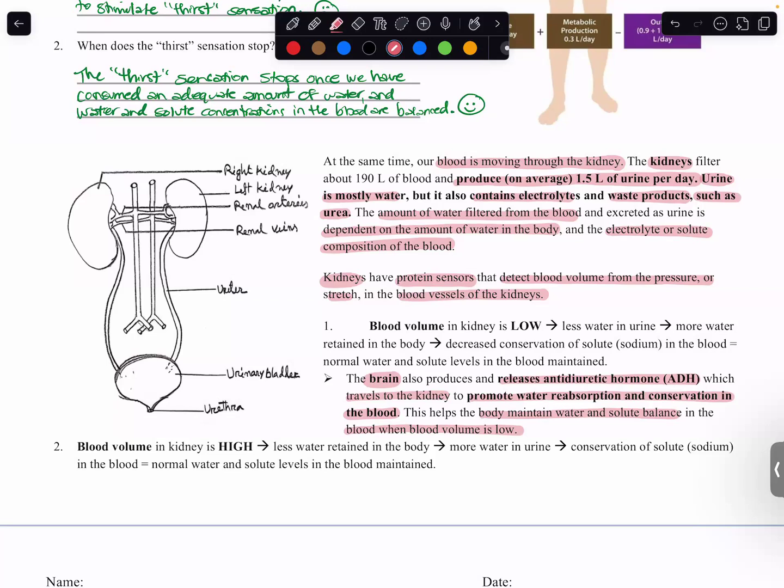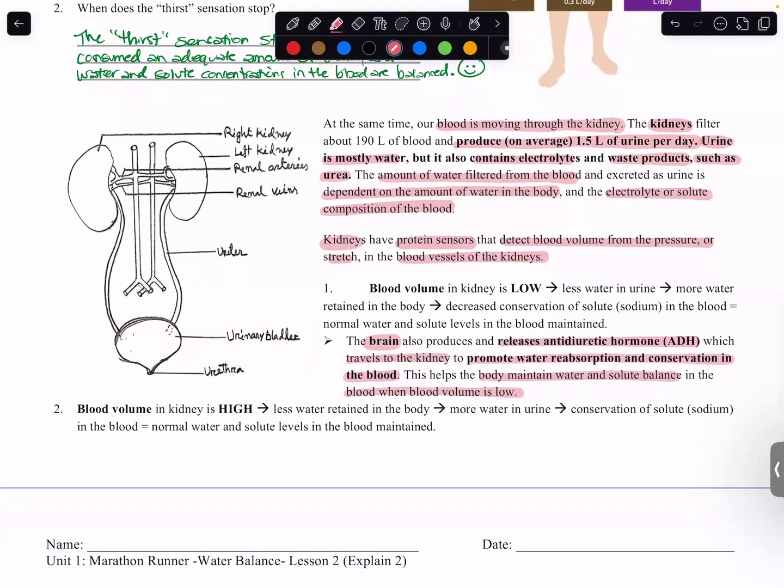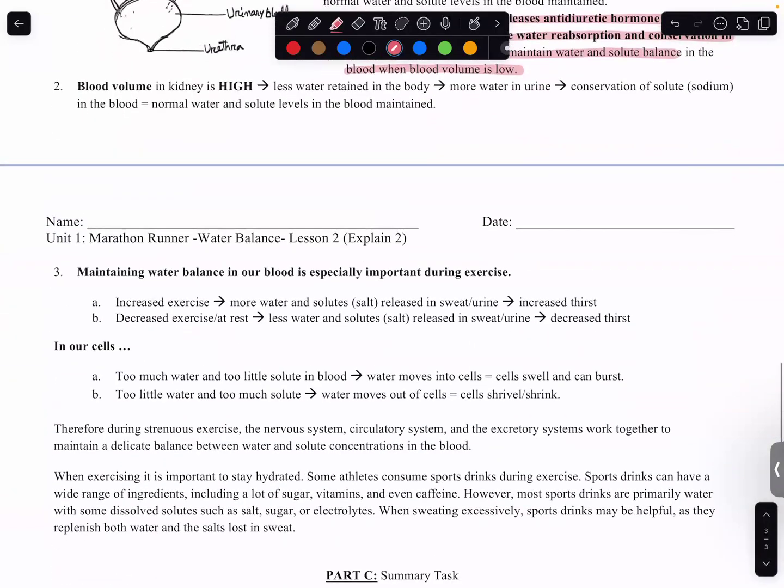So when we drank so much water, our body is going to switch from trying to conserve water to now letting go of more water and now trying to conserve sodium and other solutes in the blood instead of trying to let go of those, right? Just to maintain water and salt balance. That's all this is talking about, okay?